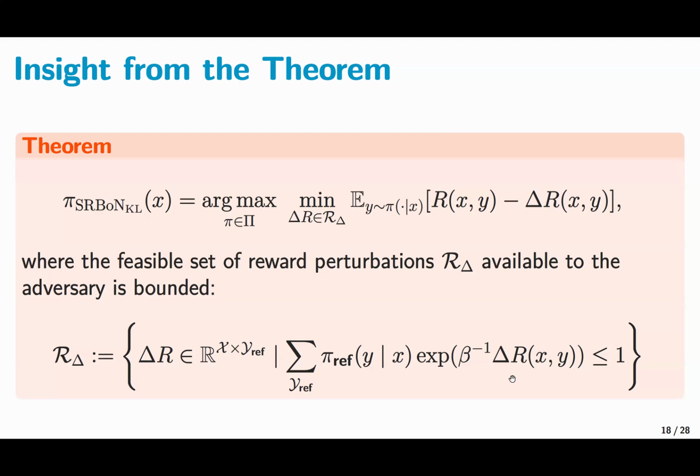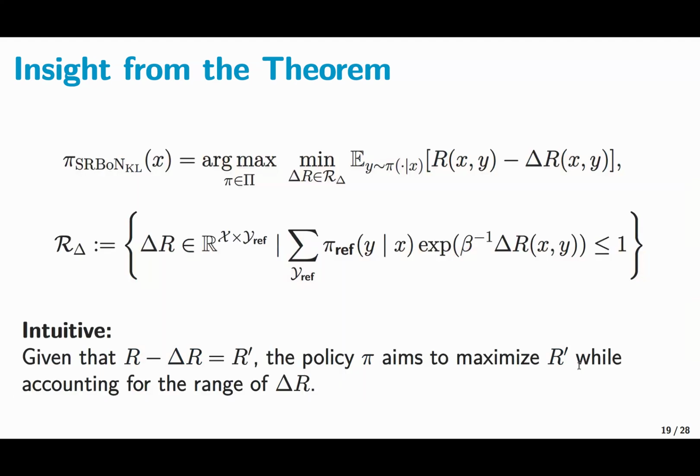So this theorem says SRBoN-KL, BoN sampling plus a regularizer function, can be seen as a max-min problem with delta R. Delta R is a reward perturbation, an adversarial perturbation, within the feasible set available to the adversary. Intuitively, given that R minus delta R equals R dash, a new reward, the policy pi aims to maximize R dash while considering a range of delta R. So this is a new optimization problem.